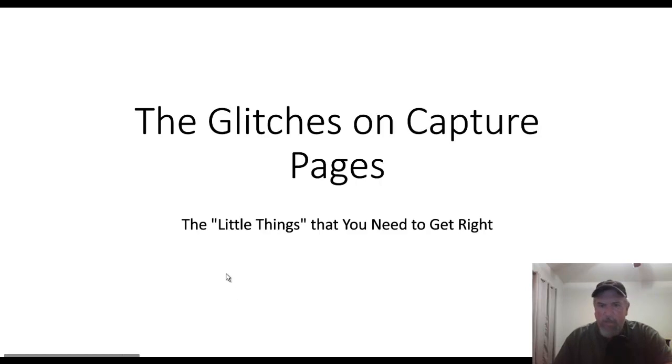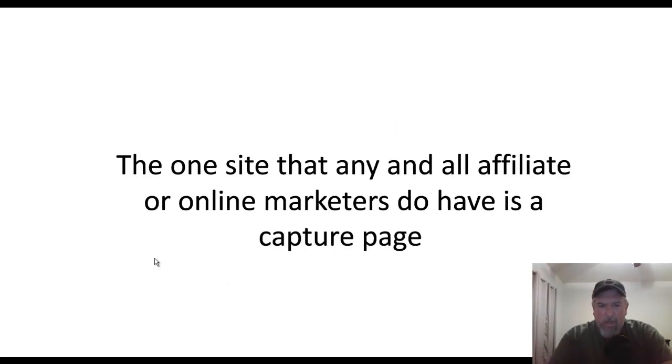But tonight we're going to be talking about the glitches on your capture pages, the little things that you need to get right, so that you can have the highest conversions possible. The one site that any and all affiliate online marketers have is a capture page, sometimes a splash page, maybe with a capture page later on.